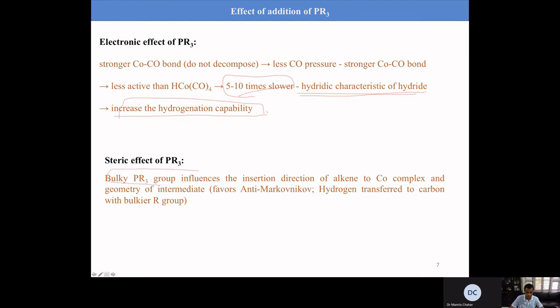So the bulky PR3 group influences the insertion reaction direction of alkene to the cobalt complex, and geometry, of course. It favors anti-Markovnikov, which I was talking about, and then the linear product formation becomes really easier or better, okay? That is what we are looking for in the first place, linear product formation.